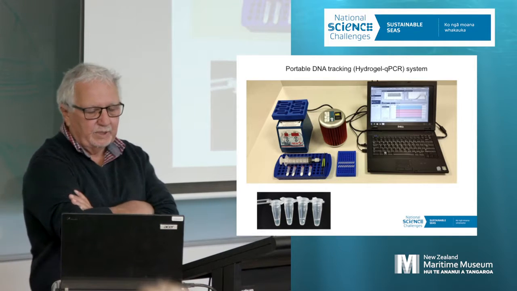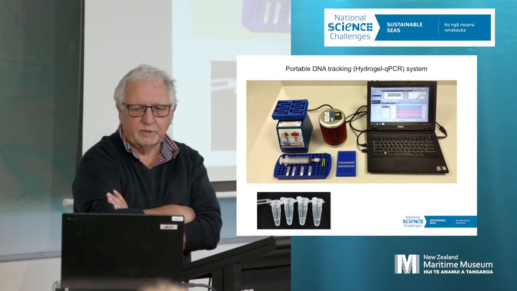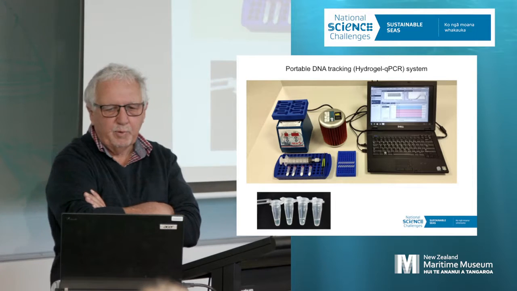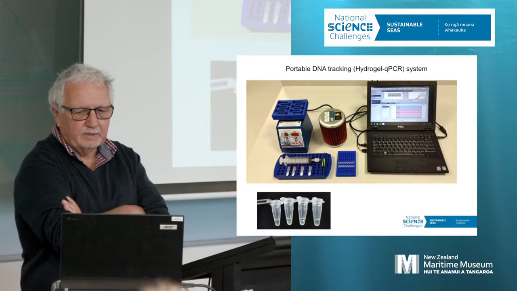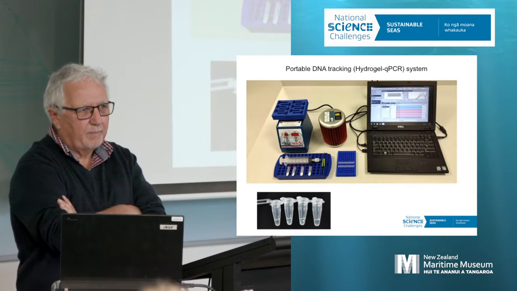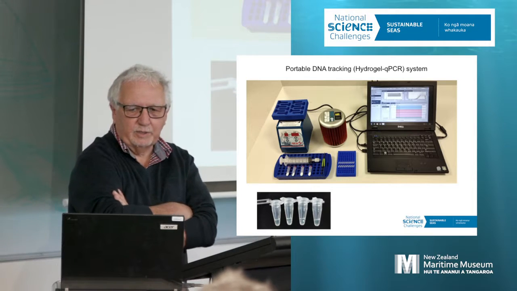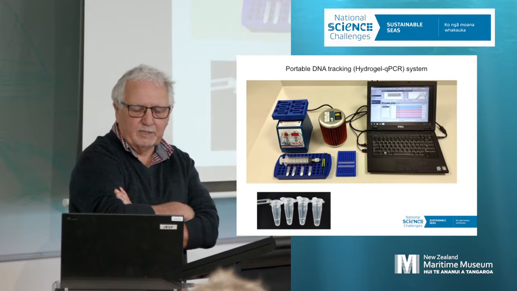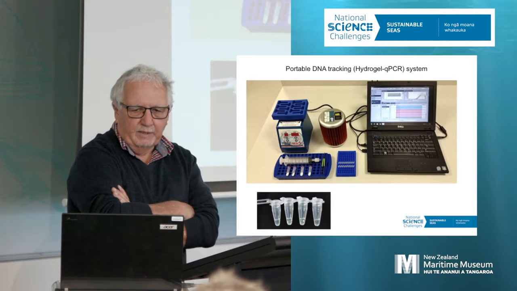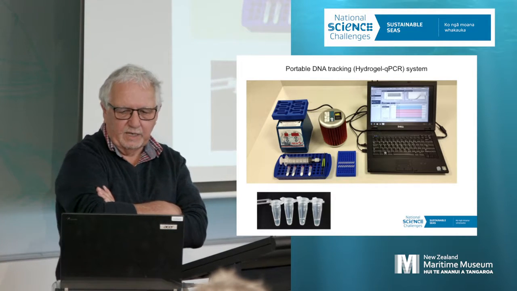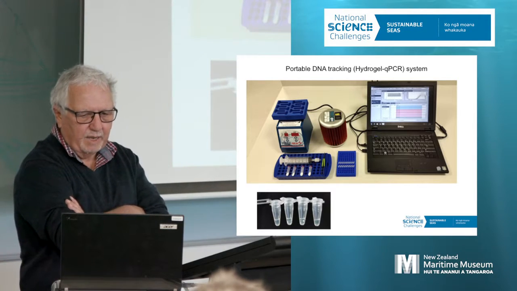So the first method we were trying was a portable DNA tracking system using a technology known as Hydrogel Quantitative Polymerase Chain Reaction. And this was essentially a kit produced by a Canadian company.